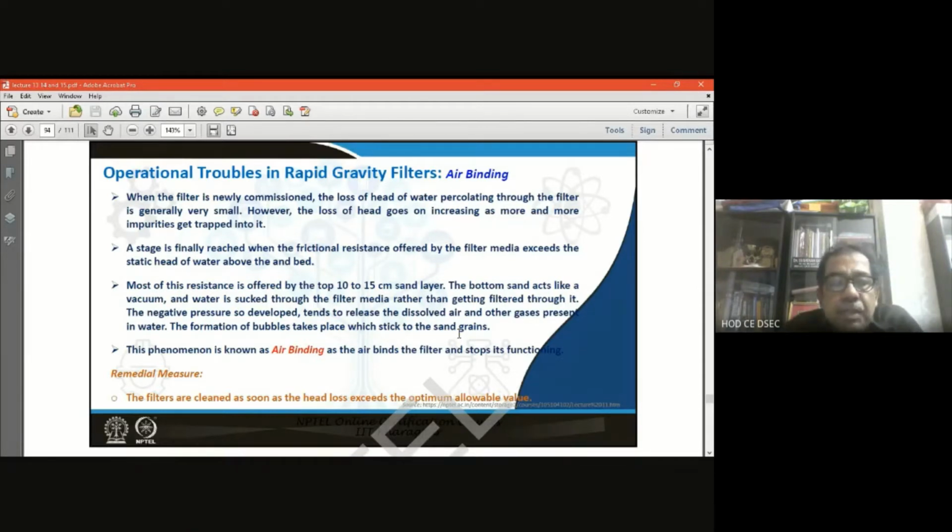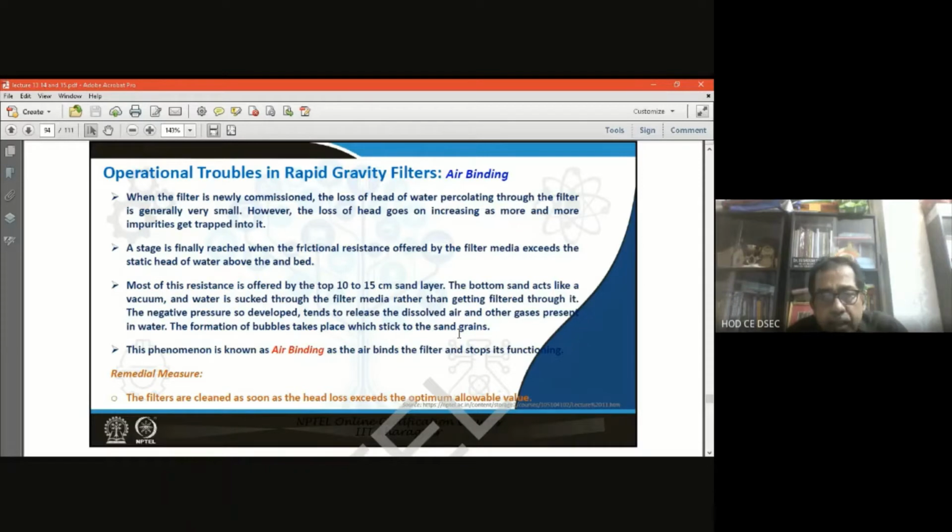When a filter is newly commissioned, the loss of head of water percolating through the filter is generally very small, because the filter is new, so there is no clogging and no impedance to the flow of water. But with the progress of time, the loss of head goes on increasing because of the impurities trapped in the filter.